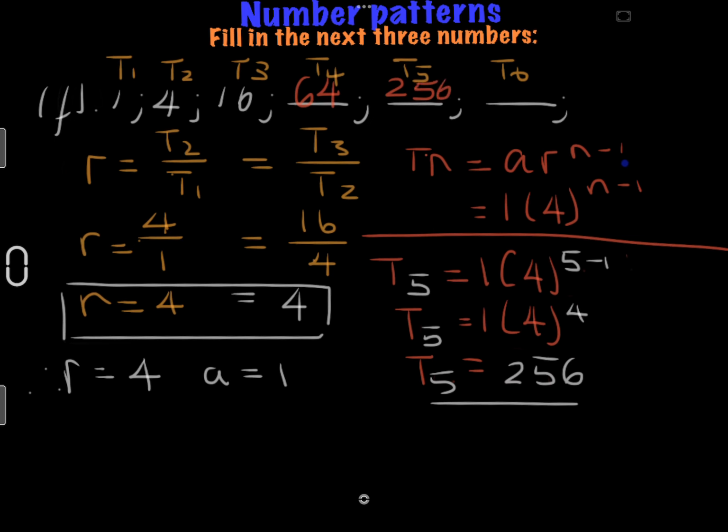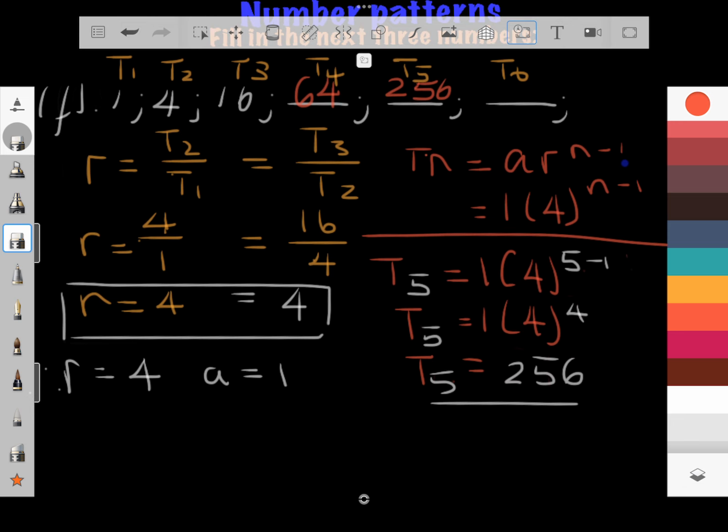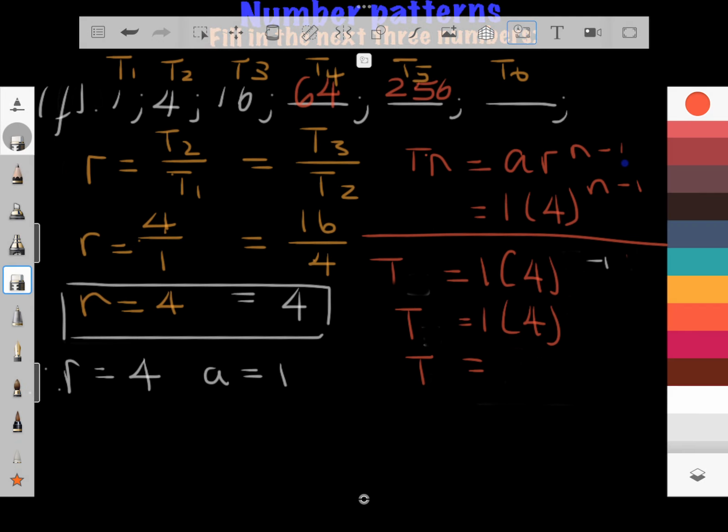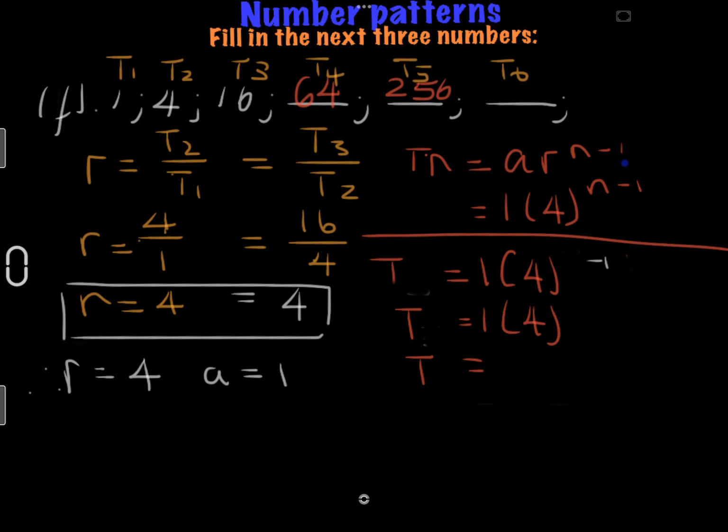And lastly, to find the last term, term 6, just substitute 6 now instead of the 5 that we just used to get 256. Let's plug in those values. Term 6 is what we want to find, so I write 6, and this is now raised to the 5th power.